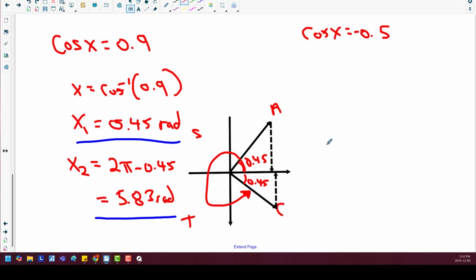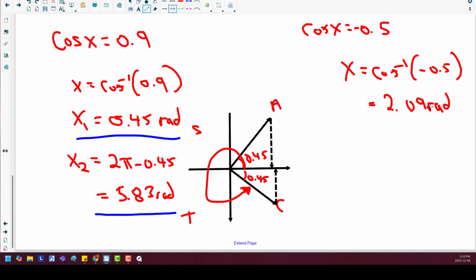As for our second equation here, cos x equal to negative 0.5, well, we take the inverse cos of negative 0.5. Let's see what we get. Shift cos negative 0.5. I got 2.09 radians.